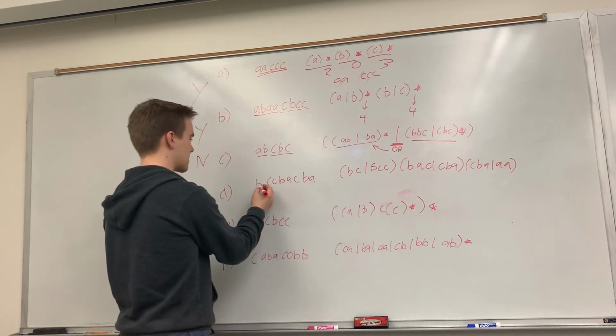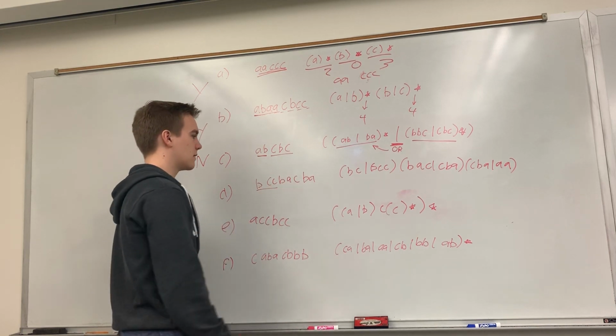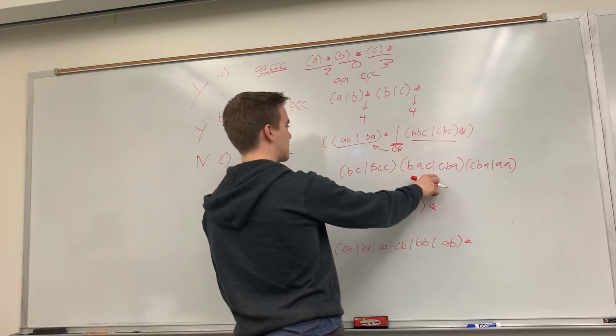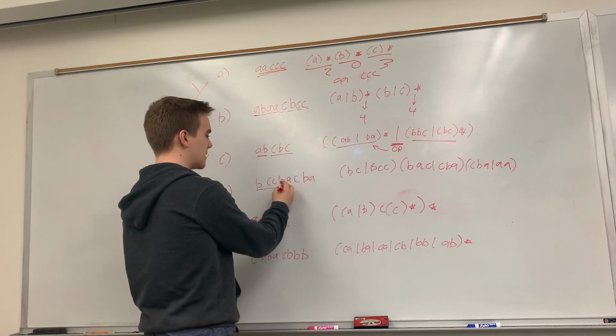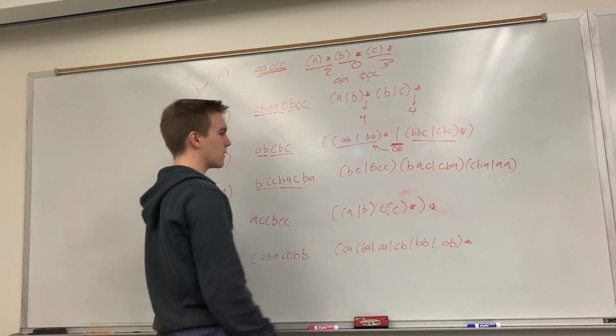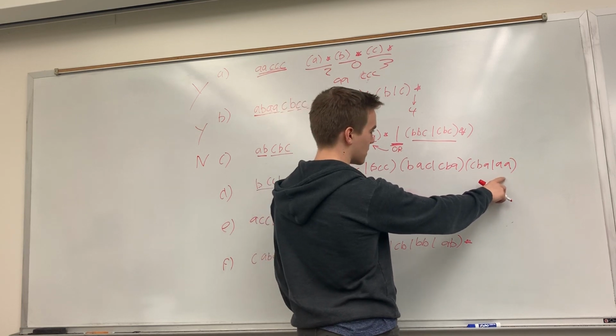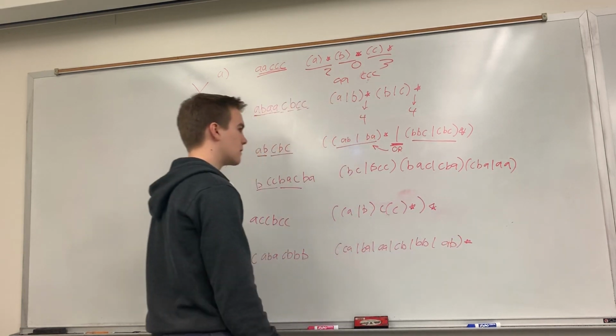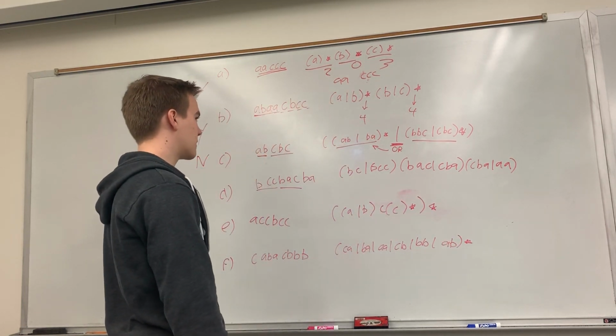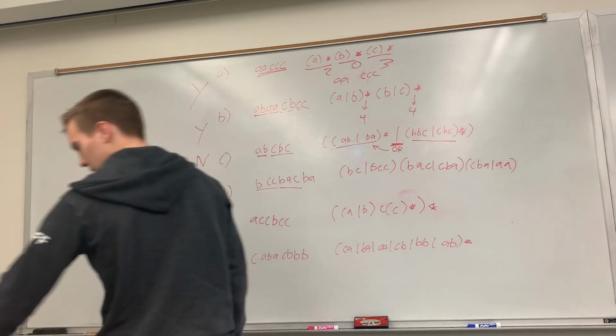Okay, this one we have, oh boy, BC or BCC. Well, it looks like I can say here's our BCC, followed by BAC or CBA. What is it, BAC here? So that works so far. And then CBA, or that's not AA, is that right? Let me check that I copied this down correctly really quick.